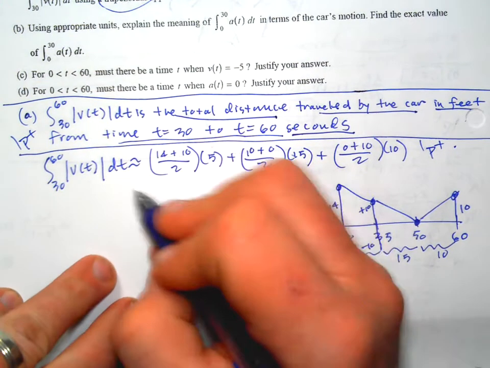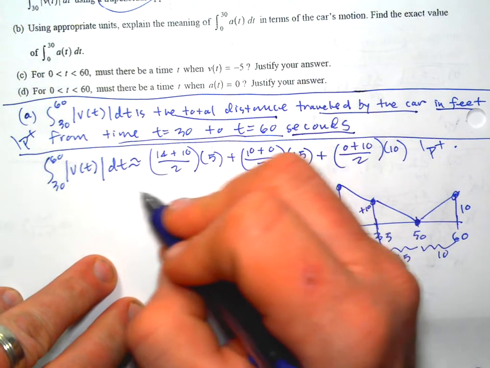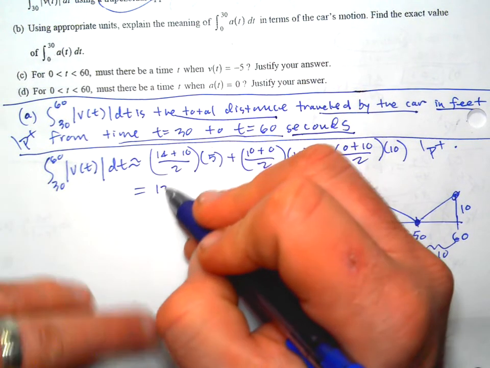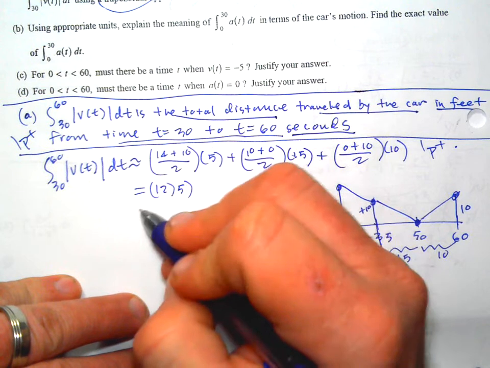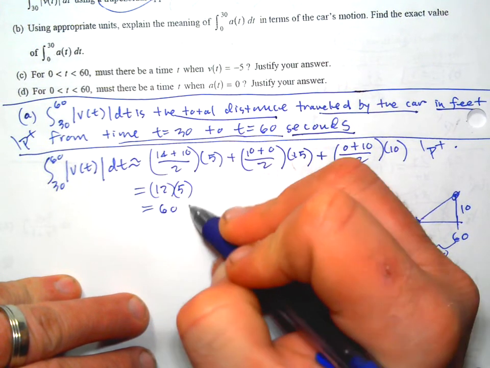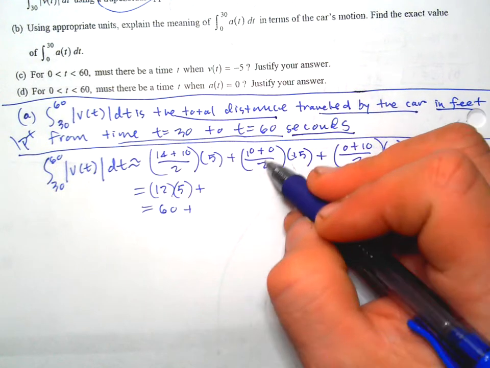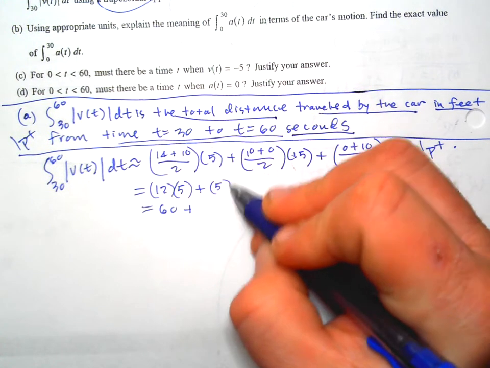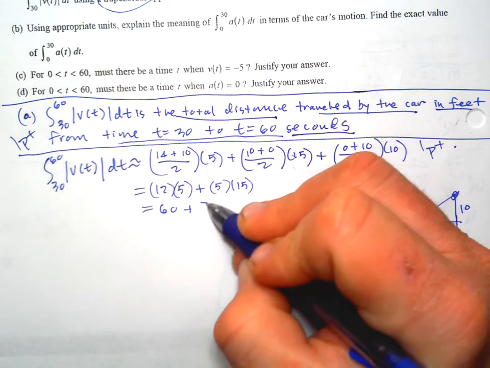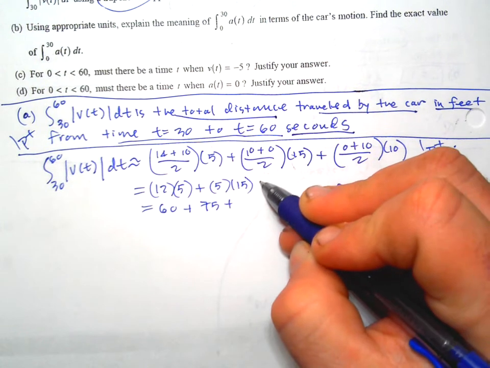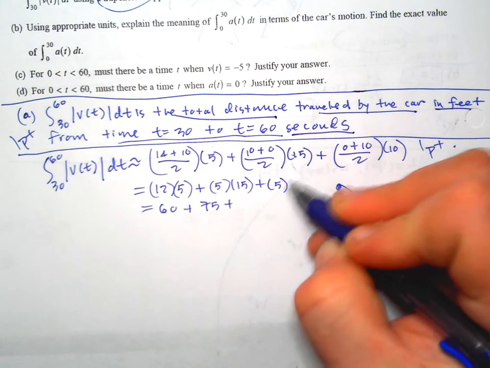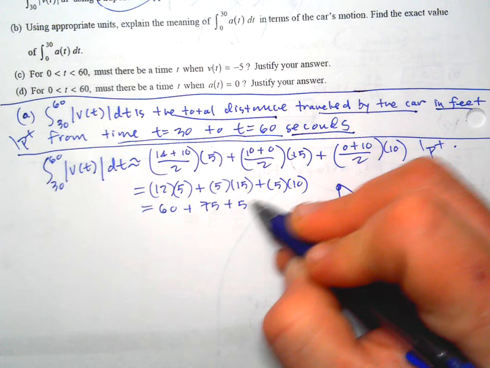So we're going to get 24 over 2 is 12. So that's 60. And this is a no-calculus problem. This is going to be 5 times 15. So that's 75. And this is going to be 5 times 10. So that's 50.